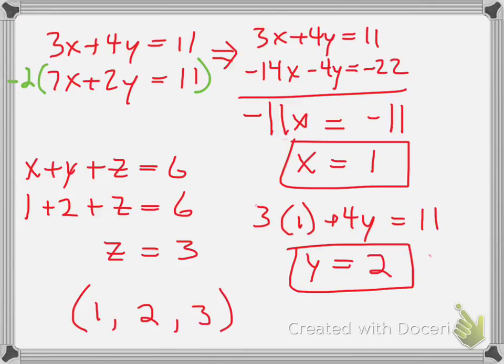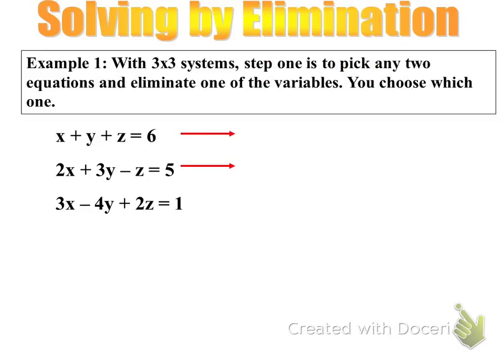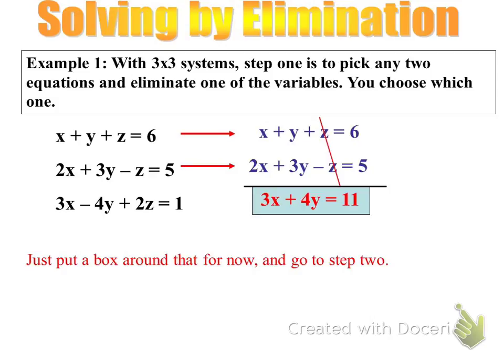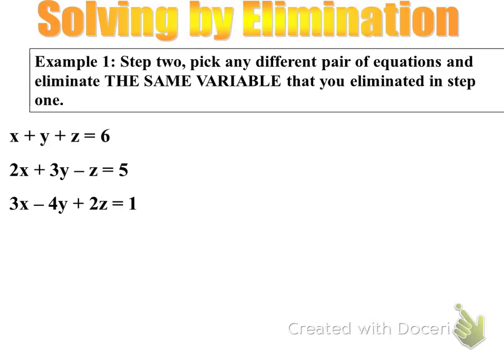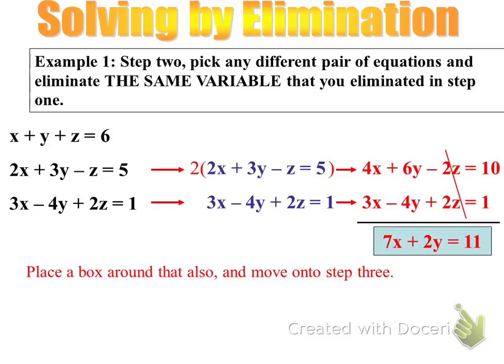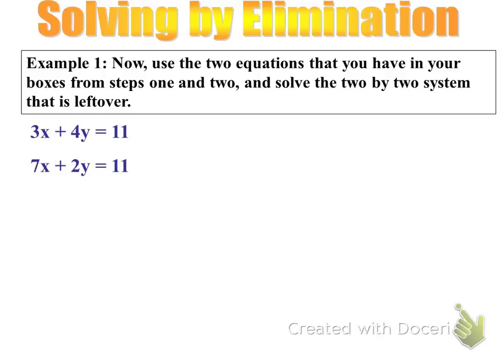Okay, so let's look at the steps again all together. If we take the two equations and add them together, we eliminate the z and get the 3x plus 4y. We need to eliminate z again, so we use the next two equations and multiply. Then you add those two together and you get 7x plus 2y equals 11. Now we have a 2 by 2 system that we can solve.